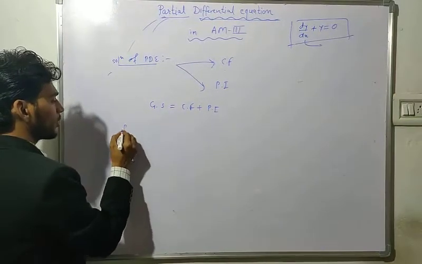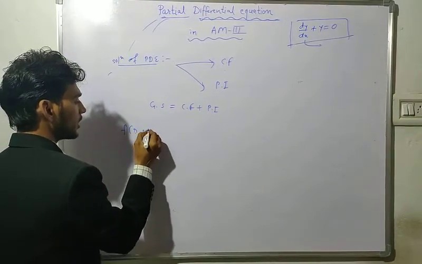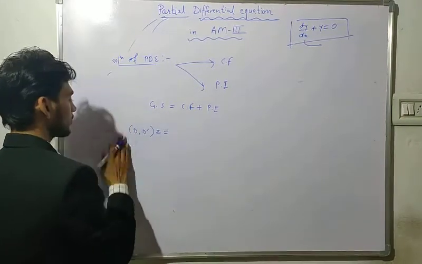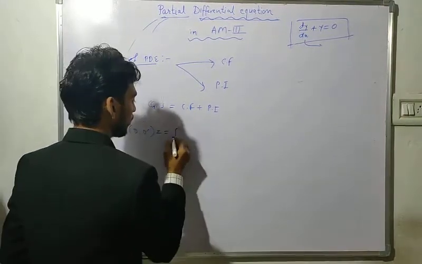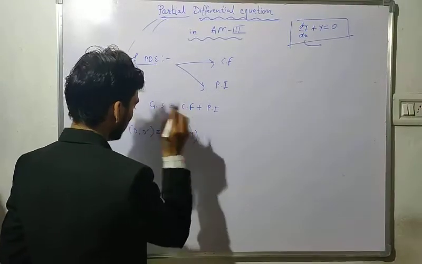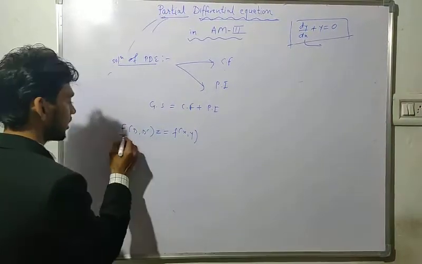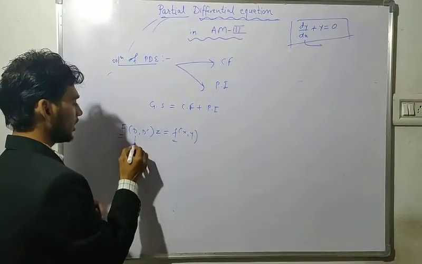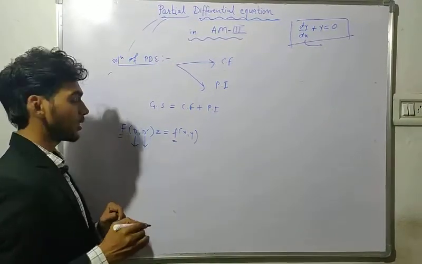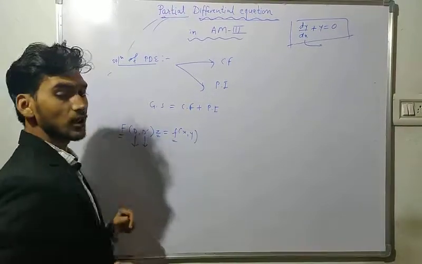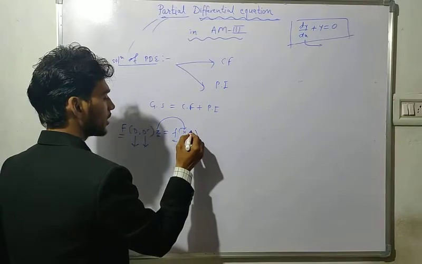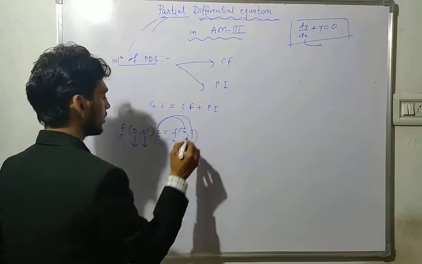If the differential equation is of the type F of D, D dash, z equal to f of x comma y, that is a simple notation, here capital F and this is small f. And what are D and D dash, we have already seen the notation. Z is our dependent variable which depends on variables x and y.